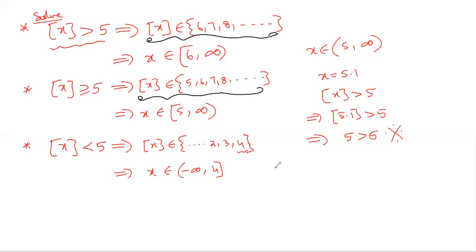Okay. If you write closed interval 4, you are not including 4.3. Will 4.3 satisfy this inequality or not? Integral part of 4.3 is 4. 4 less than 5 is true. So 4.3 also should be part of the solution set. But it is not included.